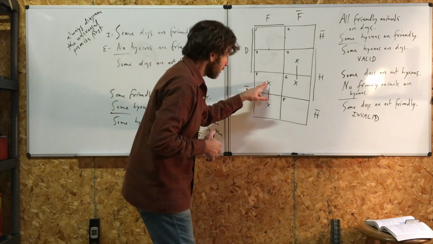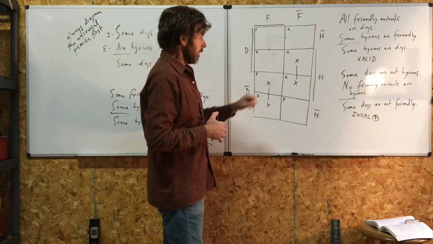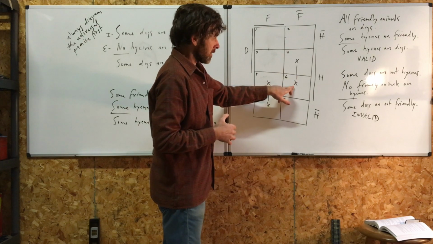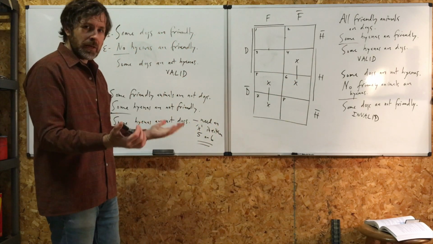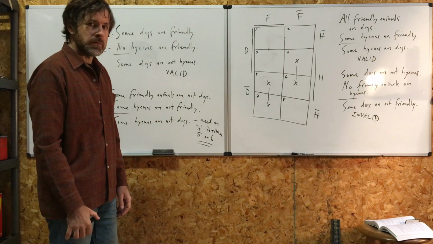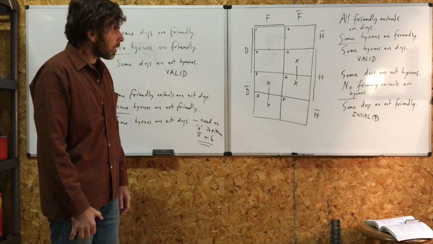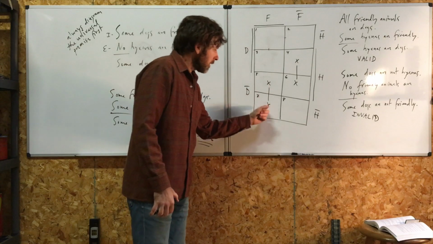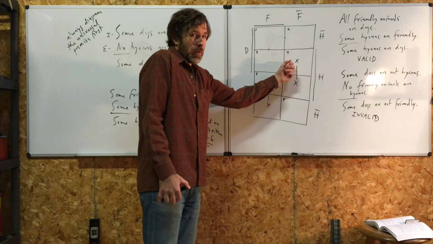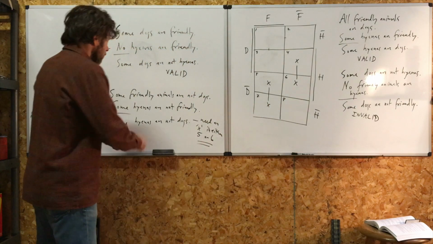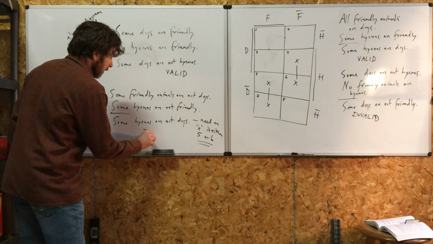There's a chance that there's an X in 5, and there's a chance here there's an X in 6. But 2 chances doesn't mean a guarantee. Doesn't mean a guarantee. It could turn out that the X actually is here in 7, and the X actually is here in 4. We don't know. This conclusion is not guaranteed. The argument is invalid.